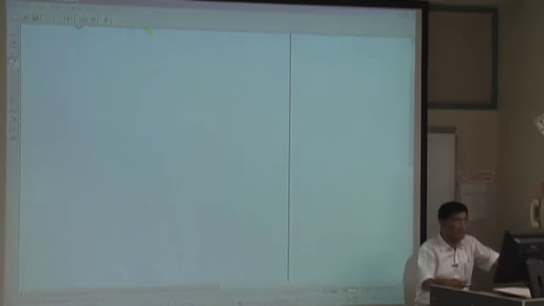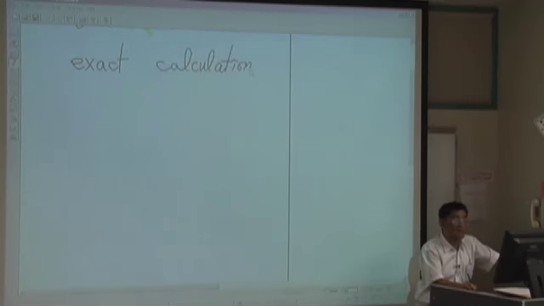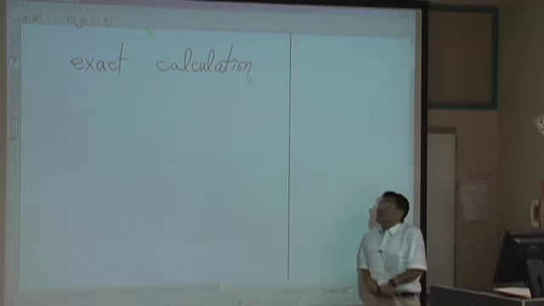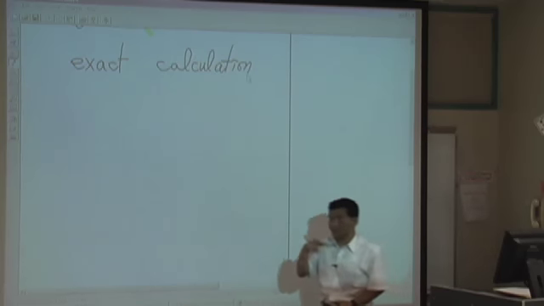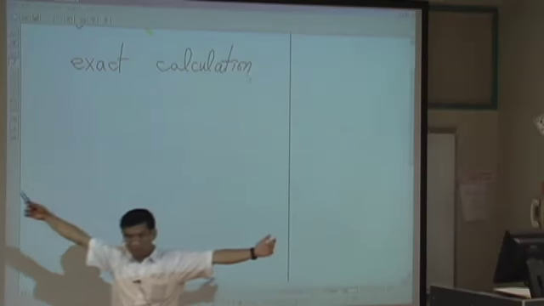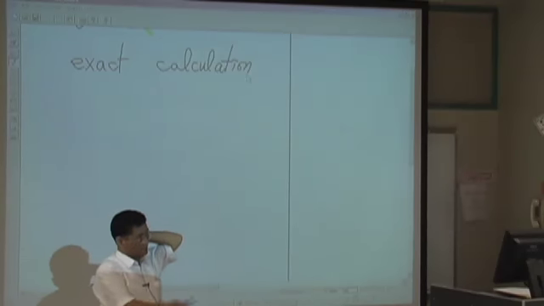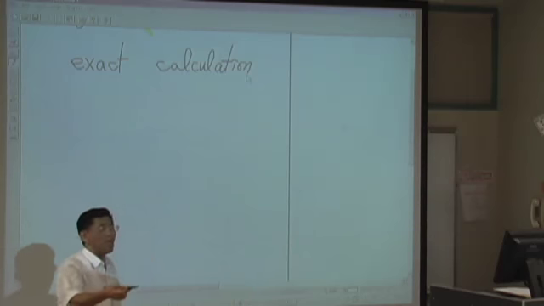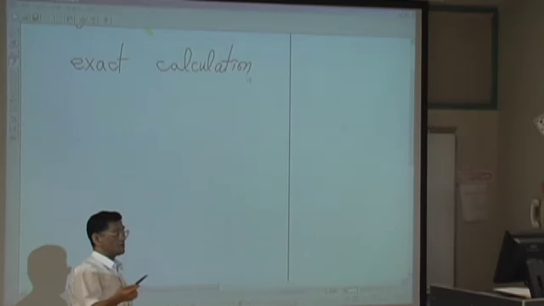Then the next idea is completely new. This kind of direction is called exact direction, exact calculation. It has limitations and difficulties when the size of the matrix grows. Assume that you have a 100,000 by 100,000 matrix.